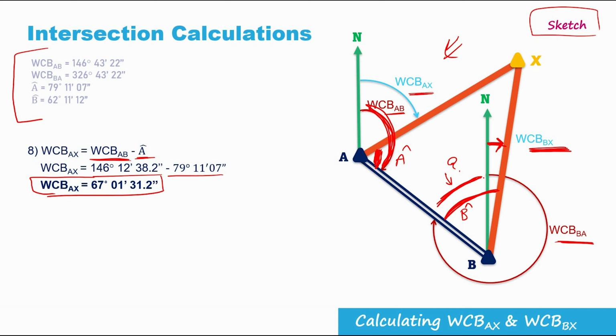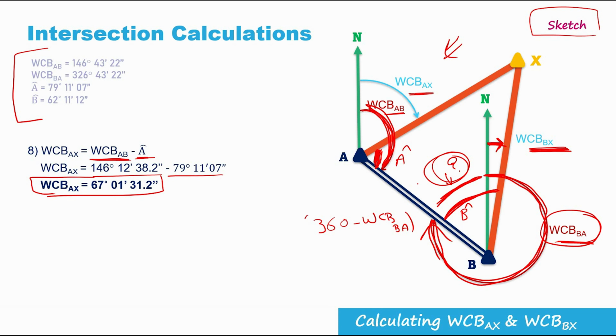If you imagine here you have a full circle, 360 minus the whole circle bearing of BA will give us this angle.